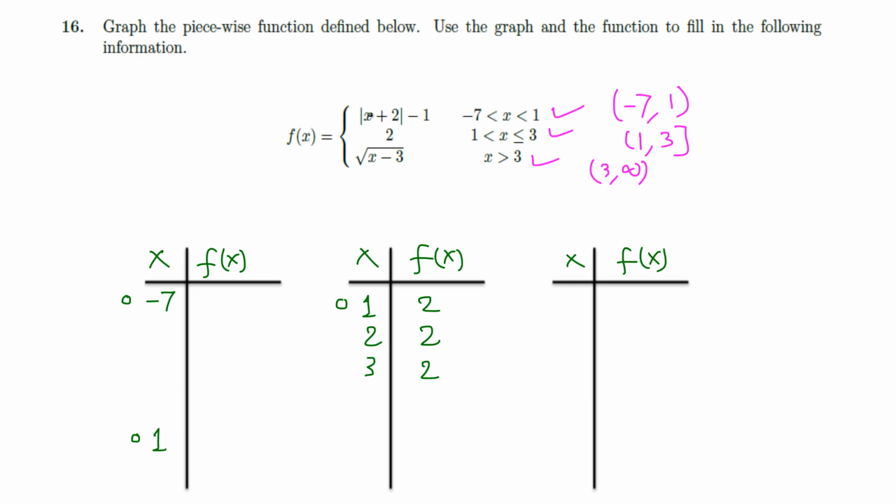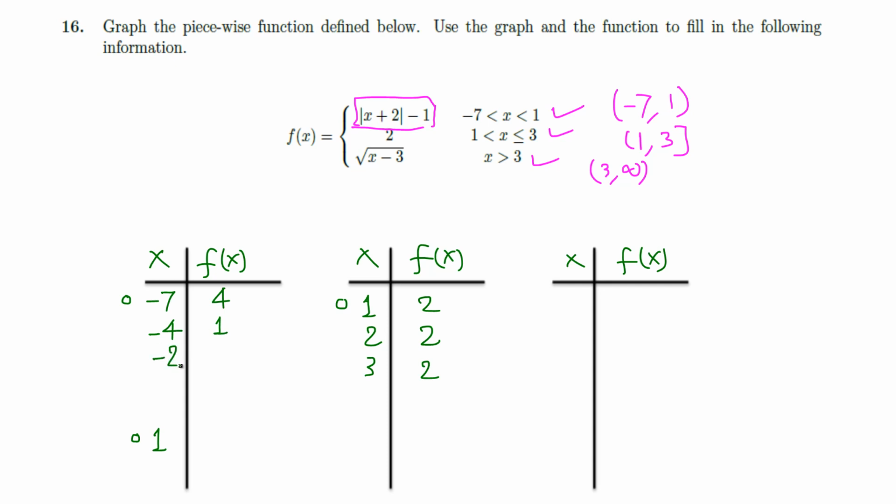So let's plug these values into this piece. At -7: -7 plus 2 is -5, absolute value of -5 is 5, 5 minus 1 is 4. At -4: -4 plus 2 is -2, absolute value is 2, 2 minus 1 is 1.